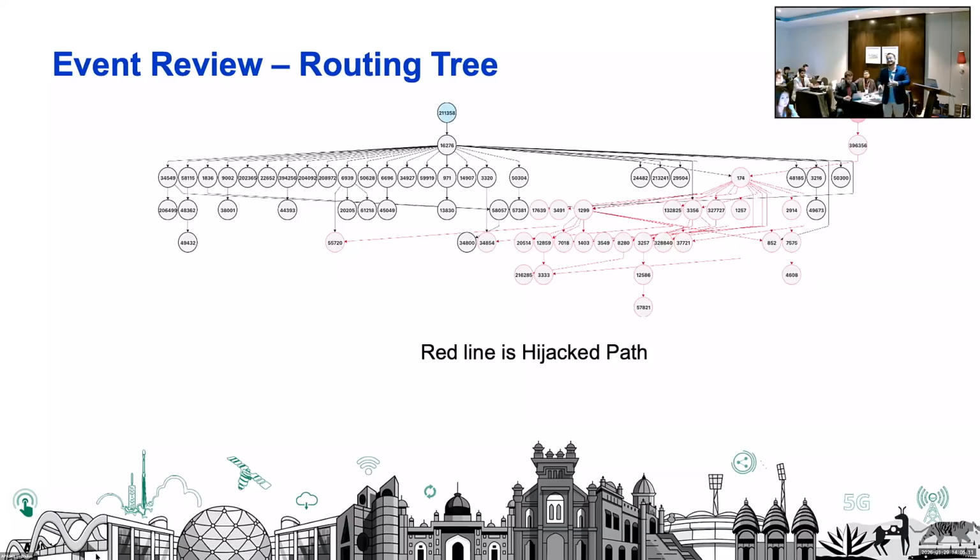And when the hijack happened, the red line is your AS path. This ASN is actually getting your prefix from here or here. This is the hijack path. So in the same diagram, you will get the hijack path.